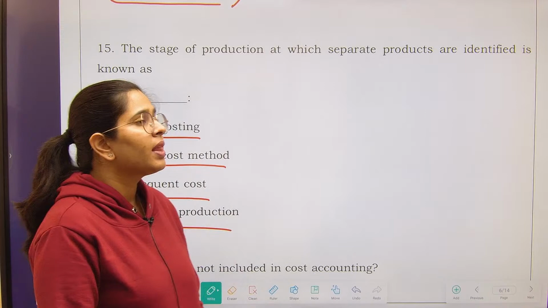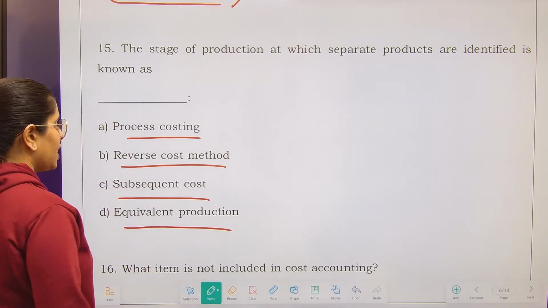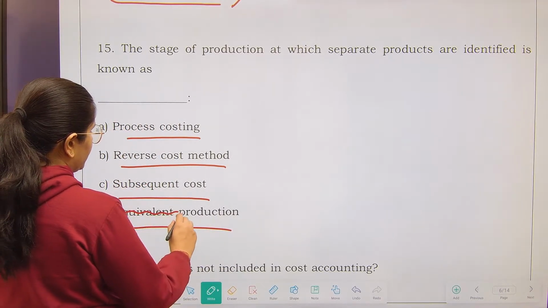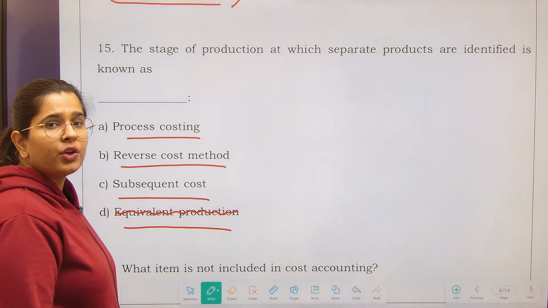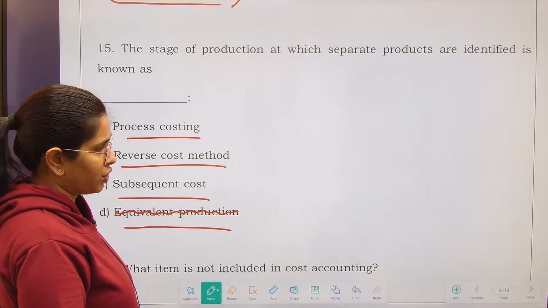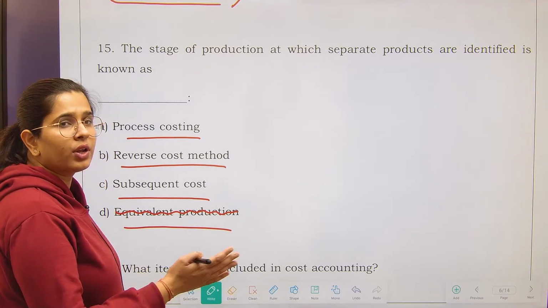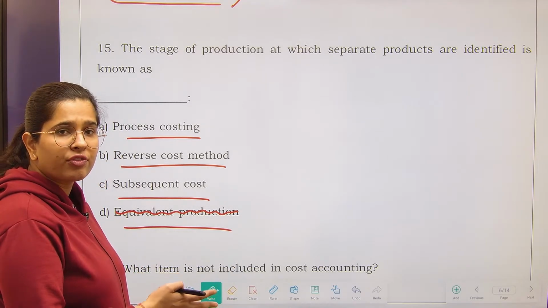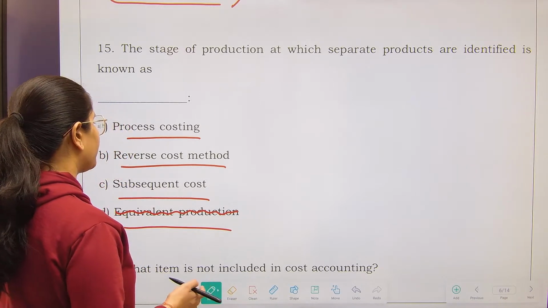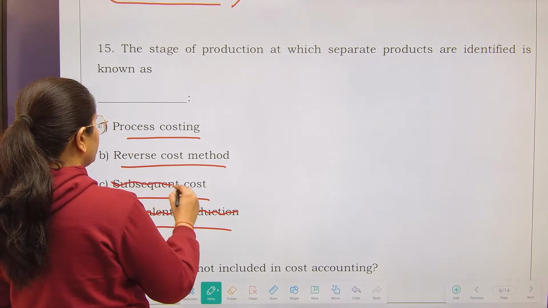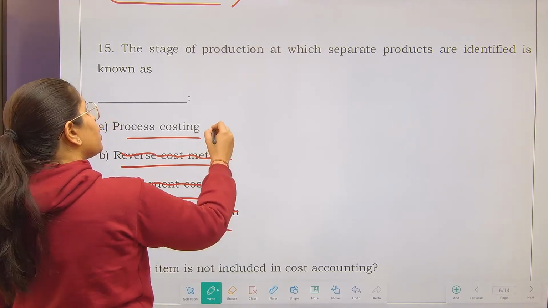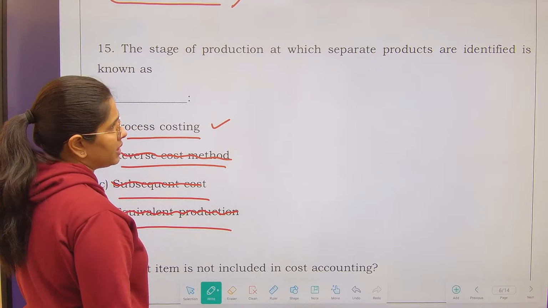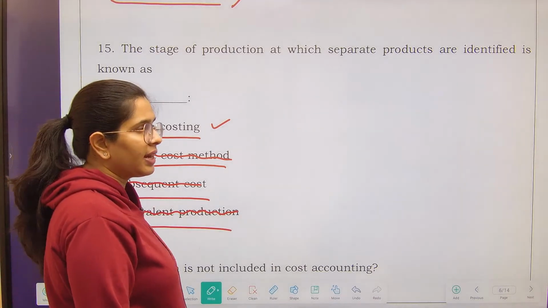Under this, see, equivalent production is a technique where you see the unfinished production, you bring it at the close of your finished units in order to compare the cost. Subsequent cost, reverse cost, these are all not relevant. Process costing involves that particular stage where separate products are identified.